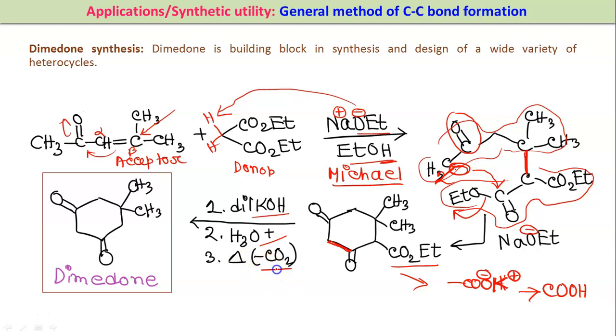And finally, when it is heated, there will be removal of CO2. So in place of CO2Et, now there will be simple hydrogen. So this compound is dimedone, and this is important because this compound is a building block in the synthesis and design of a wide variety of heterocycles. That is why this compound is important. So this is the first application that we have seen.